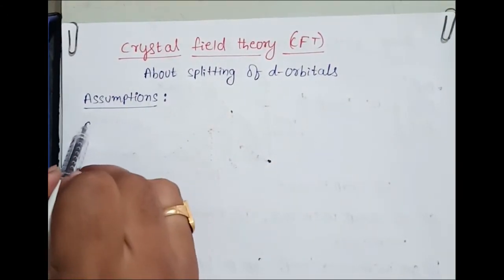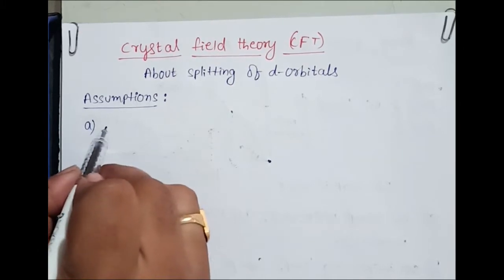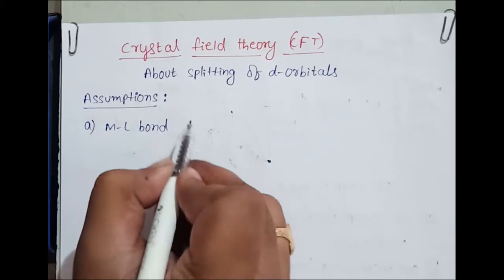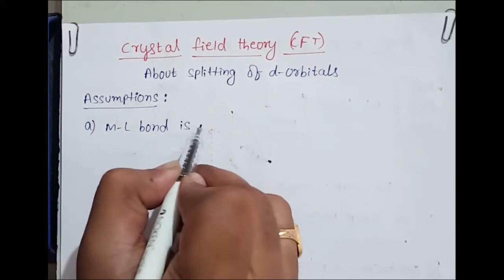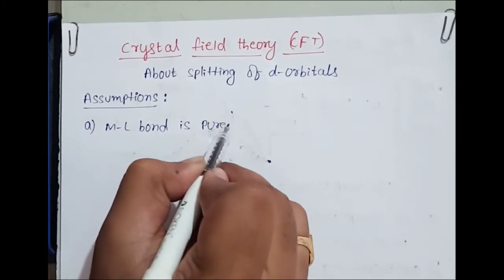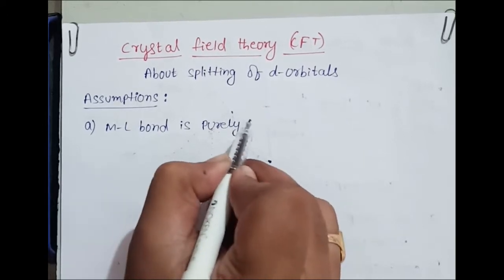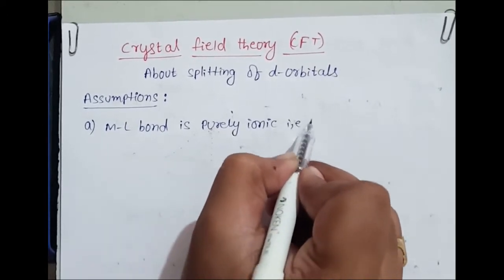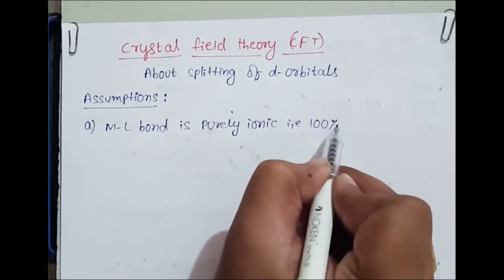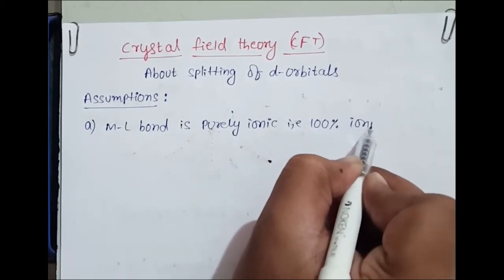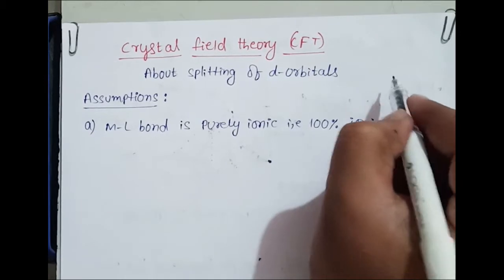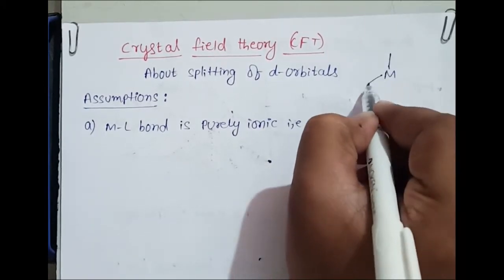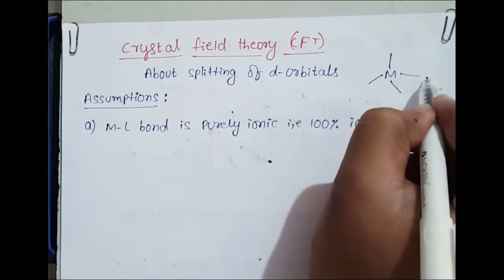First assumption: this theory says the metal-ligand bond is purely ionic, which means it is a 100% ionic bond. Let us understand the meaning here. If you take a complex, let us say a tetrahedral structure, this is ML4.